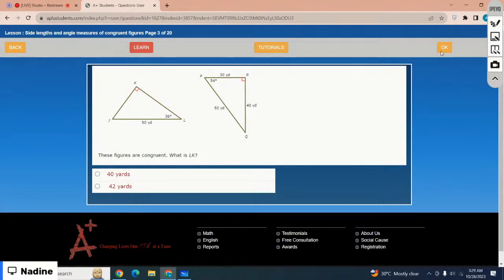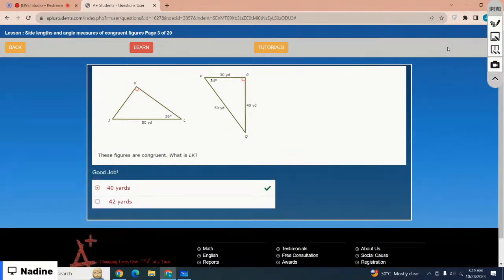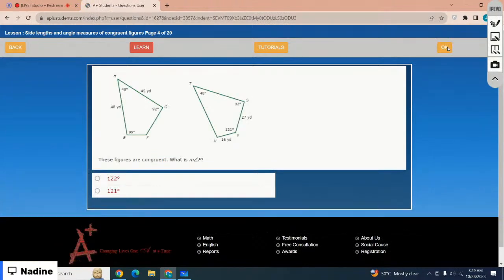So they both are equal, so the correct option is 40 yards, right? The basic thing is you need to match the similar sides.